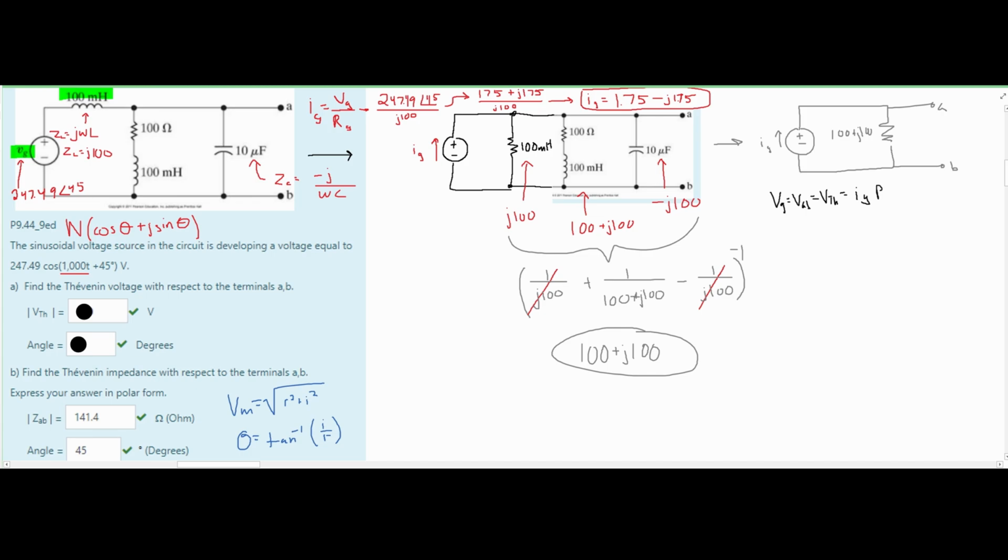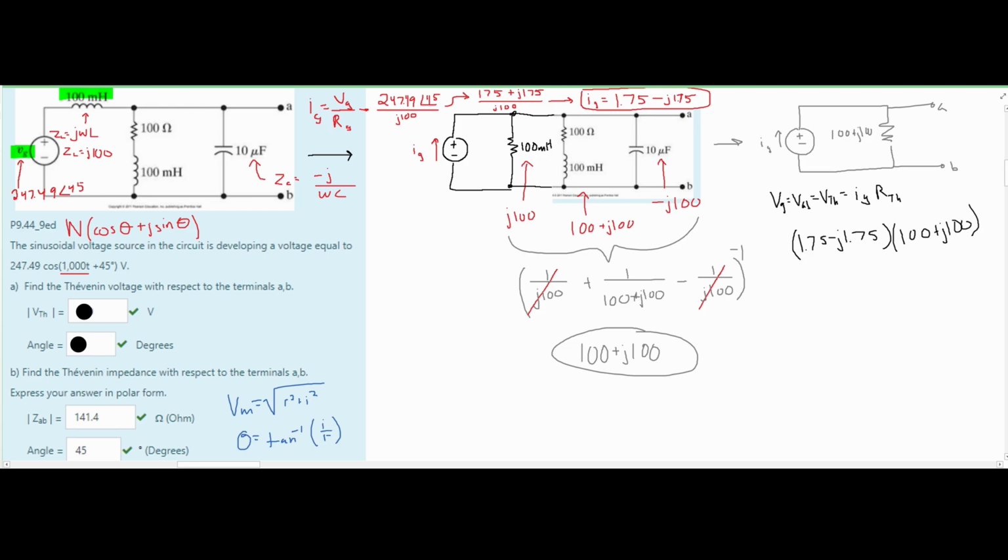I'm just going to write R Thevenin since it's the entire thing. Now we are just going to multiply these together. We found our I of G up here, which we are going to plug in. We have a 1.75 minus J times 1.75, and this is being multiplied by our 100 plus J times 100.